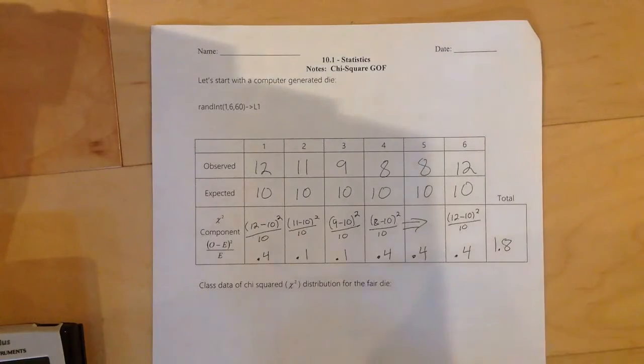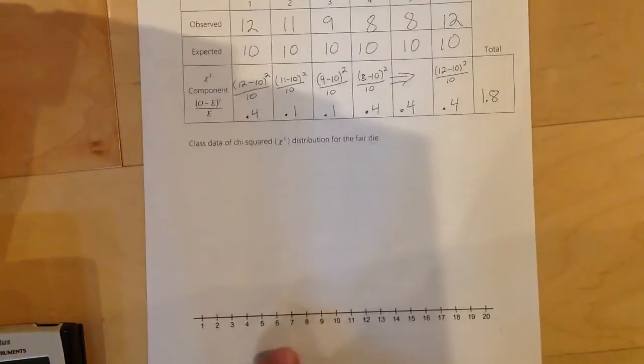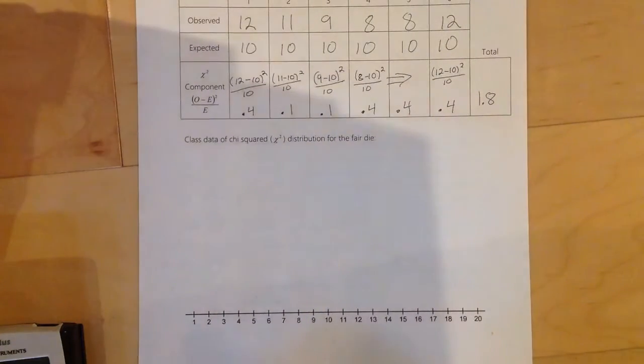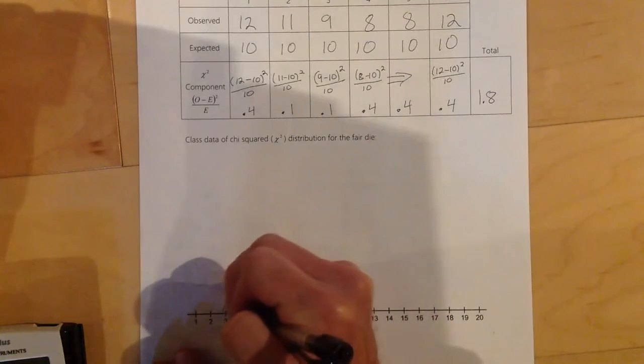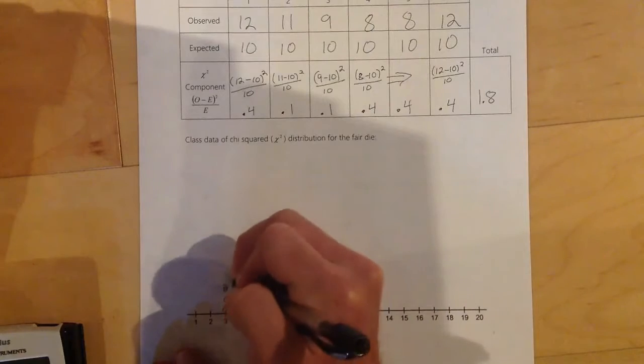Below here, we would have had everybody in the class do this like we normally do, and then we would have gathered everybody's data and seen what sort of range of chi-squared statistics we would have seen. It probably would have been something like we would have had a bunch right around here.